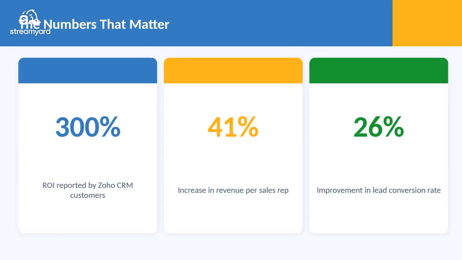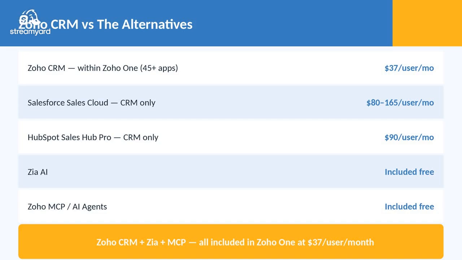Now, if we talk about numbers, people who use CRM see a 300% increase in revenue, a 41% increase in revenue per sales rep, and a 26% improvement in lead conversion rate. All that because Zoho CRM offers you one structure.